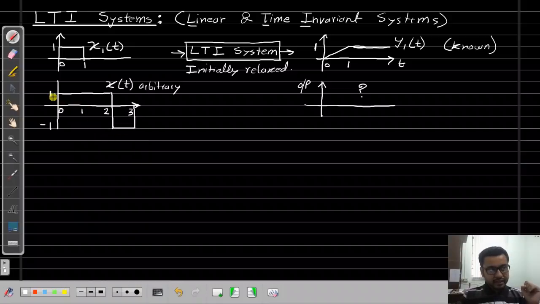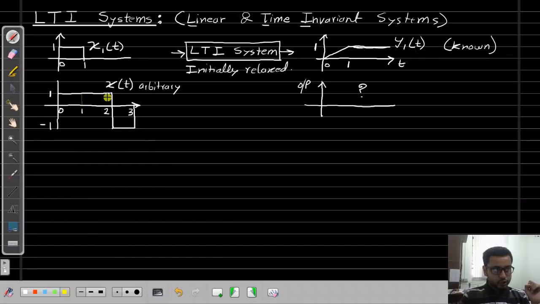Notice that this arbitrary input can be broken into a sum of simpler inputs. Say I shall break this input into 3 pieces.